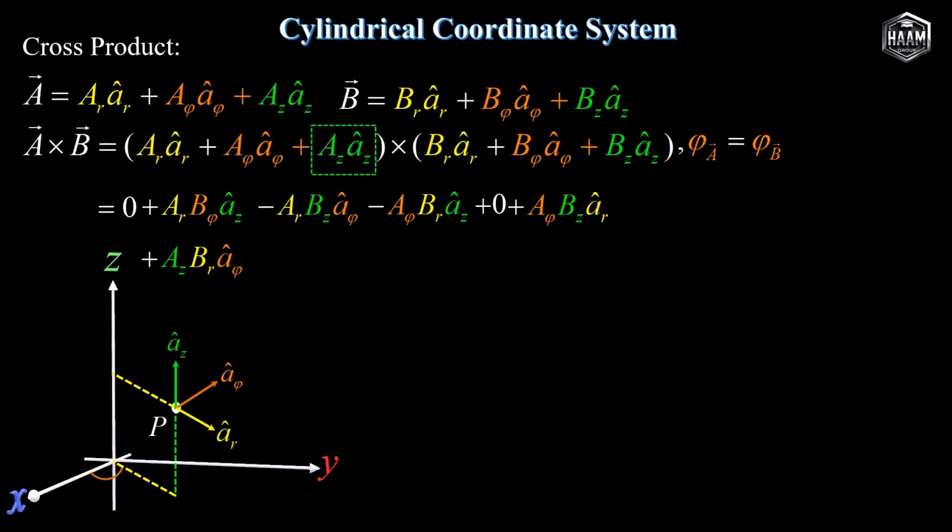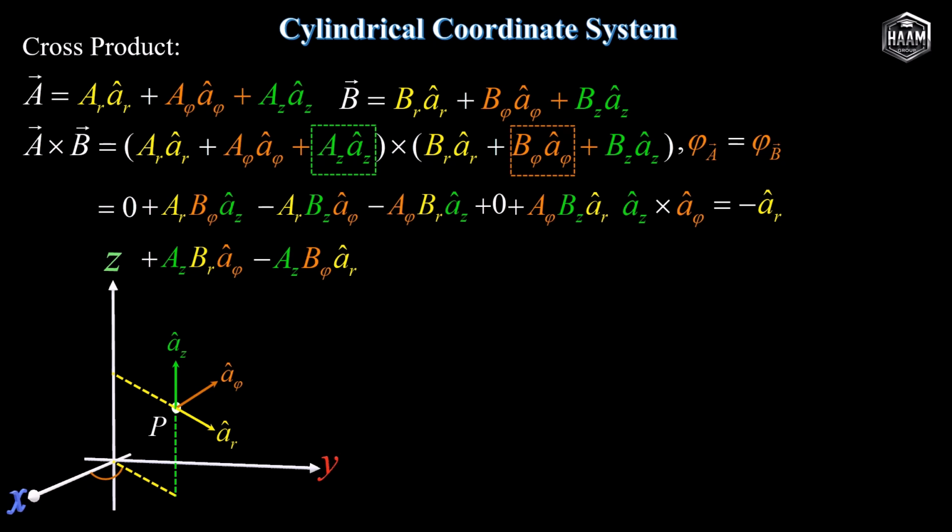Finally, the eighth term involves unit vector A hat sub Z cross unit vector A hat sub phi, which by anti-commutativity yields negative unit vector A hat sub R. This produces negative A sub Z B sub phi unit vector A hat sub R.